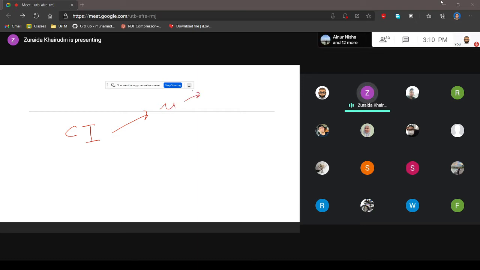For one population mean, we have the formula x bar plus minus t alpha over 2 times s over square root of n. You also have this formula: x bar plus minus z alpha over 2 times sigma over square root of n.